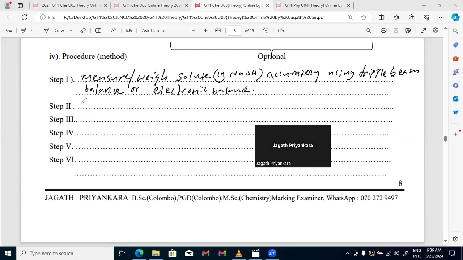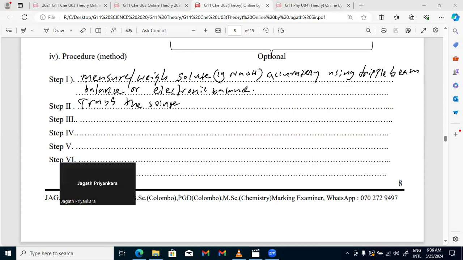Step 2. Now you have to transfer the solute measured. Transfer the solute completely into the volumetric flask.